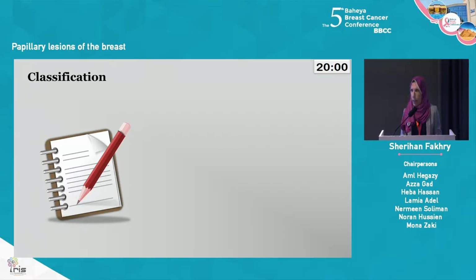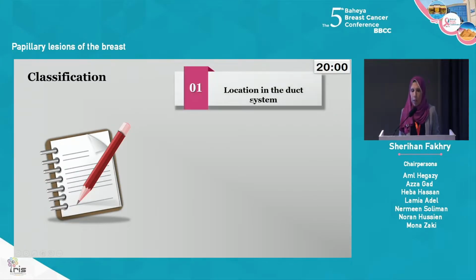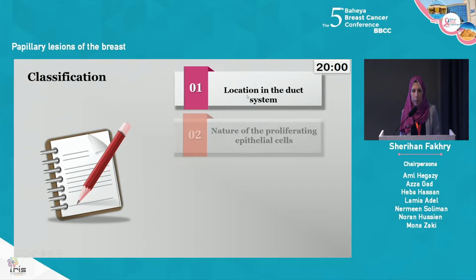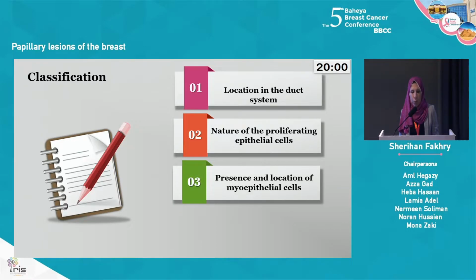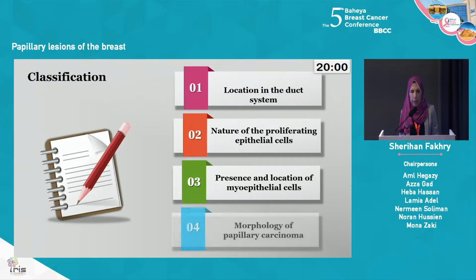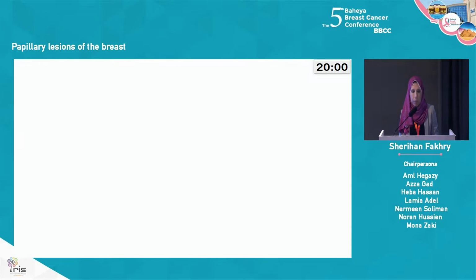There are different classifications of papillary lesions, either based on the location in the duct system, the nature of the proliferating epithelial cells, the presence and location of myoepithelial cells, or the morphology.